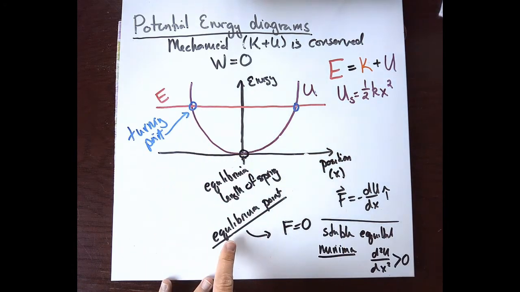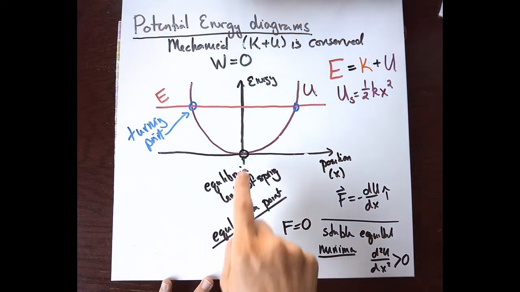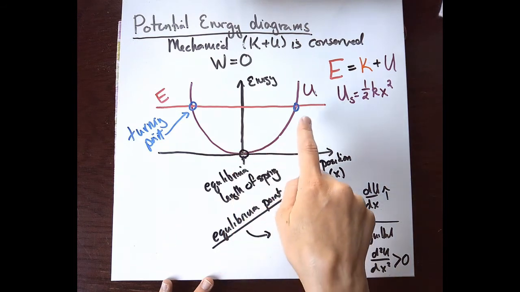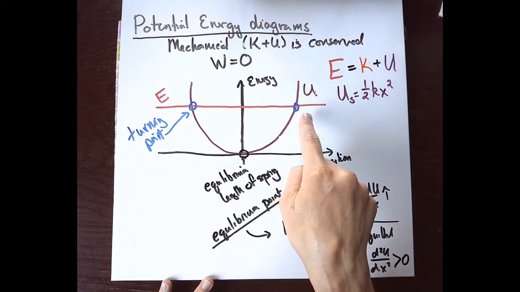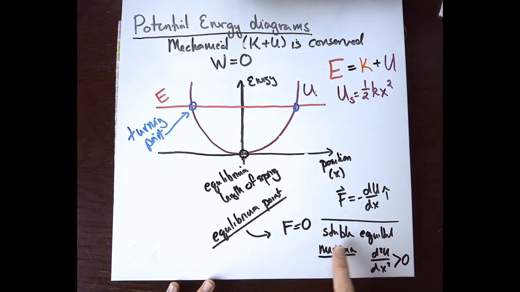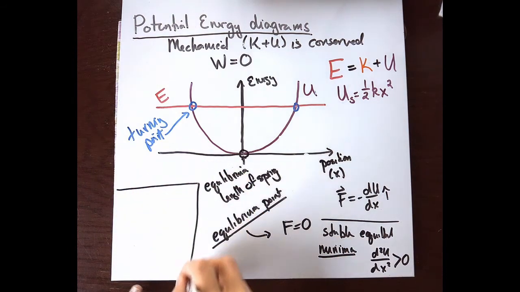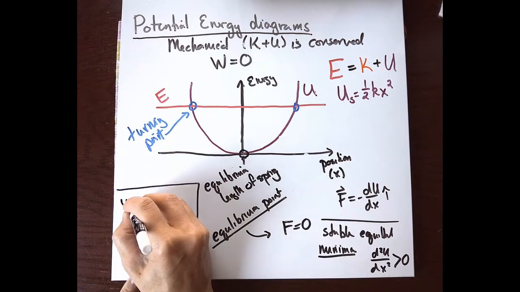So then you can think of an equilibrium point as a point where you could balance the marble, and the turning point as a point where the marble on this potential energy track would turn around. Of course, you have a stable equilibrium point here, which is a minima. You can have an unstable equilibrium point, which we don't have on this graph, but we could have on a different graph.